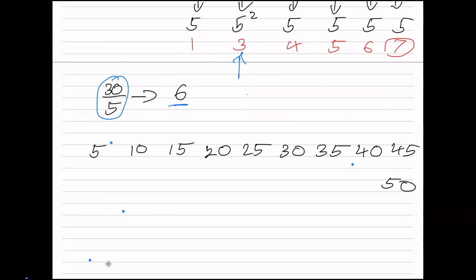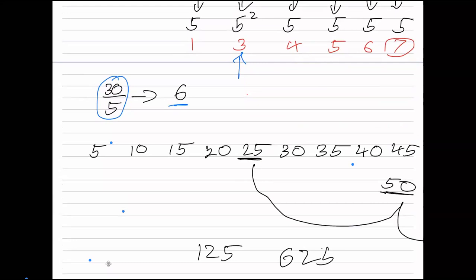Notice that after every 5 intervals, you are getting numbers divisible by 25. And when you keep continuing this, every 5 times these appear, you will have 125. And then every 5 times 125 appears, you will have 625.